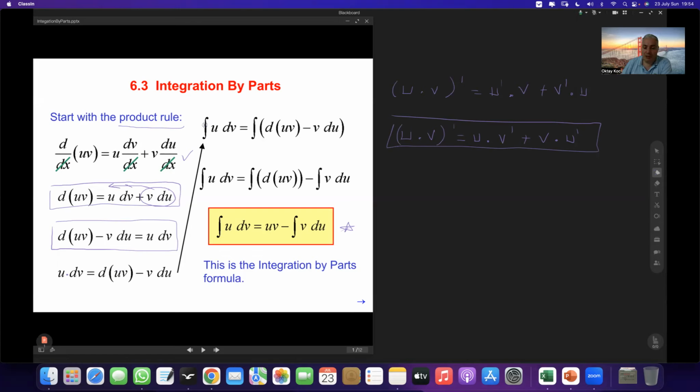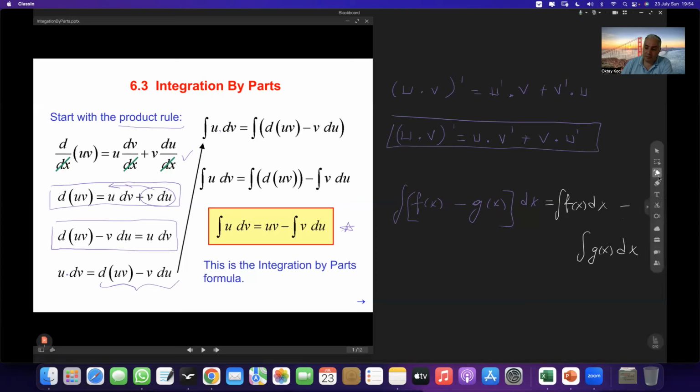The integral of u dv is equal to the integral of the right side. By using the integral rules, if you remember, the integral of f of x minus g of x dx can be expressed as the integral of f of x dx minus the integral of g of x dx. So we can separate the given function into two integrals.